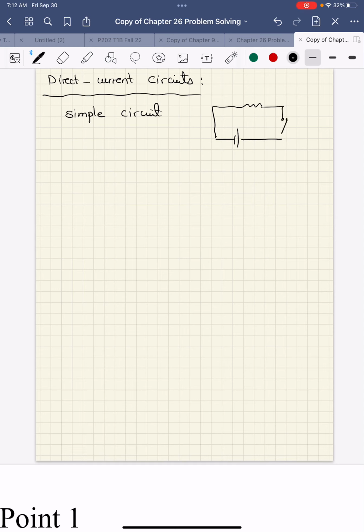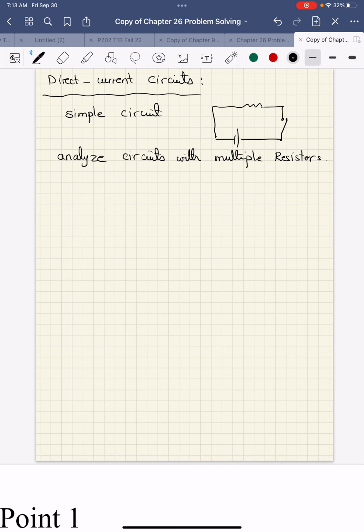Today we will analyze circuits with multiple resistors. And we're going to see how we are going to analyze the circuit.